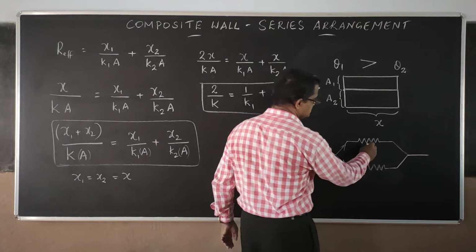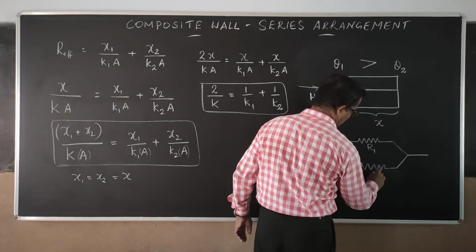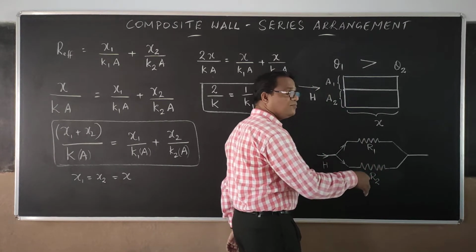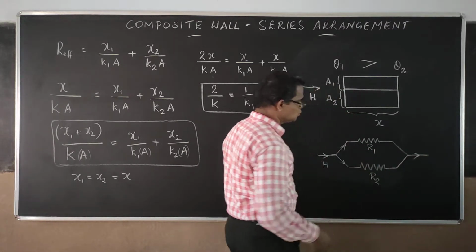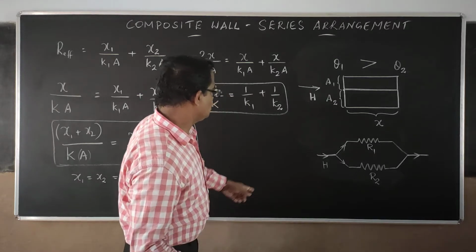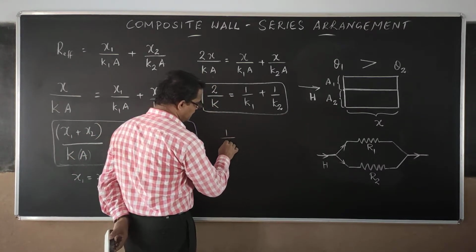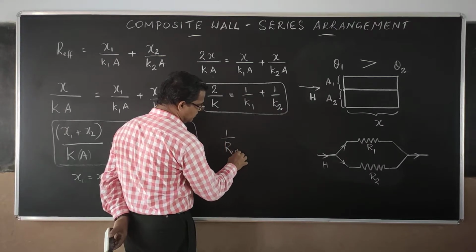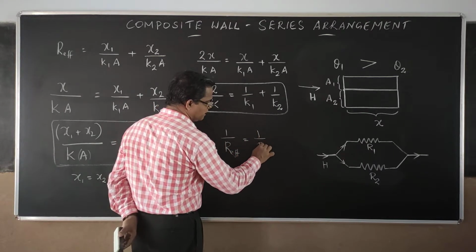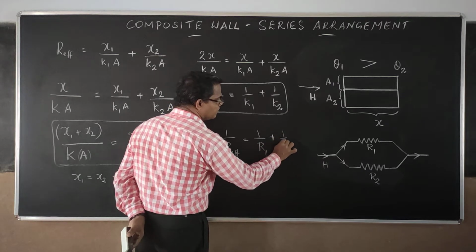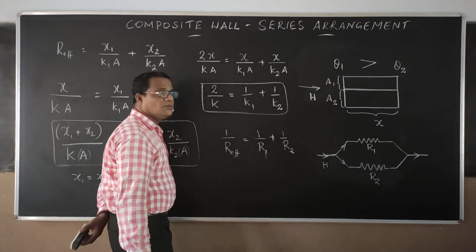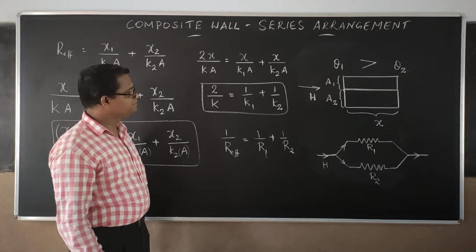So I can take the resistances of the paths R1 and R2 as being in parallel, and write the equation for the combination of resistances as 1 by R effective equal to 1 by R1 plus 1 by R2 for parallel combination.